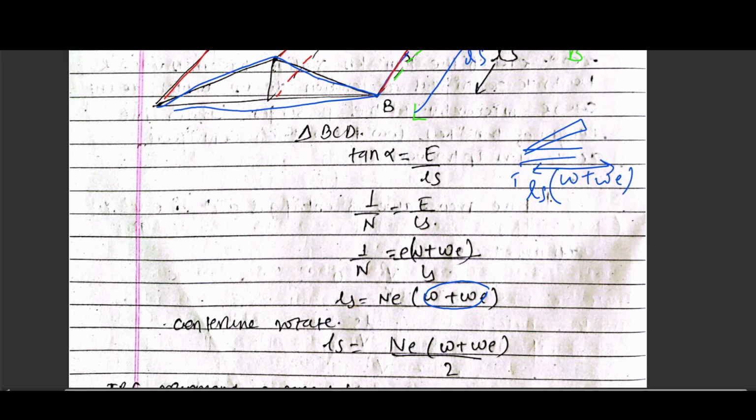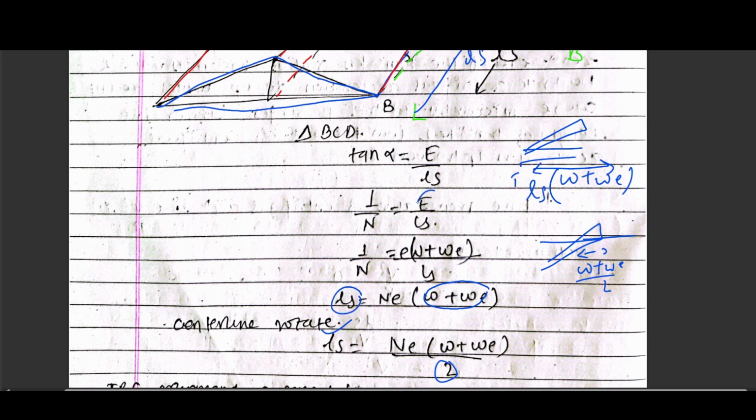The super elevation is provided along the whole length. But in case of central line rotation, the super elevation is provided at half the width, that is W plus We by 2. That's why if central line rotation is given, then Ls equals that divided by 2. If not given, then Ls equals the full value.